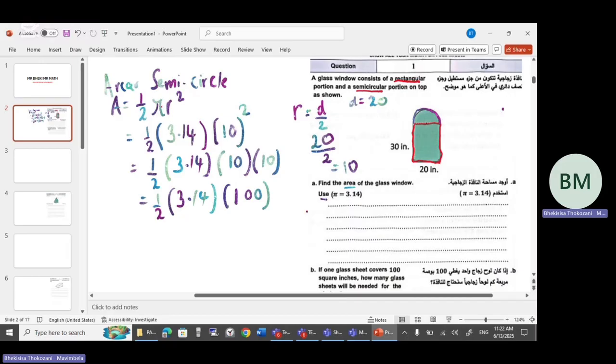Now something interesting here. If I have 314 multiplied by 100, because there are two zeros here, I can move this decimal point 2 spaces to the right.